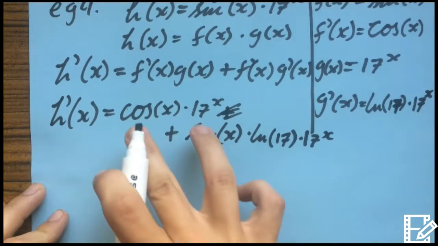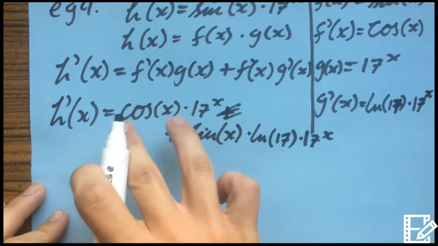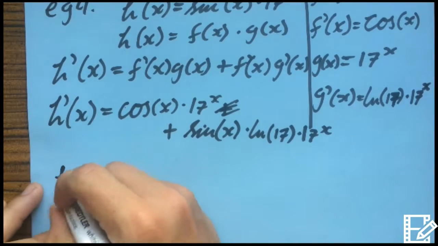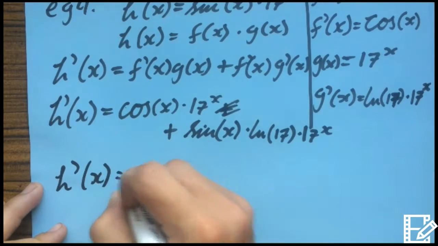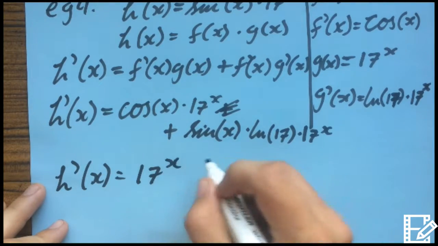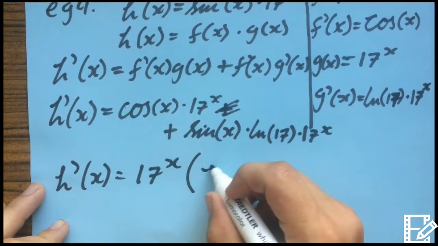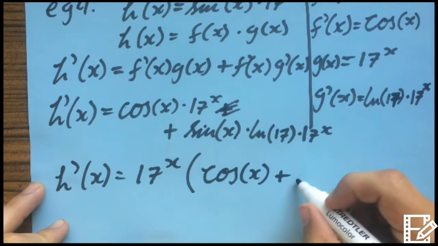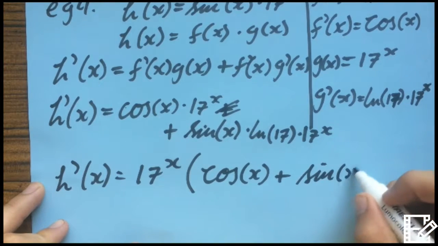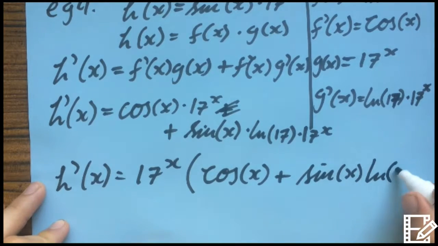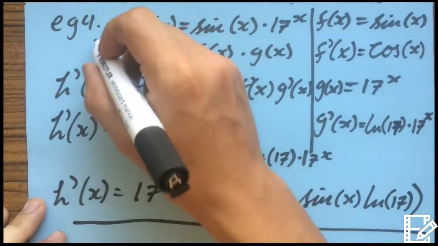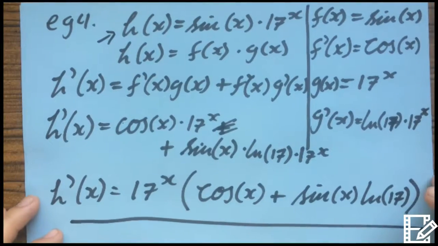We can factor, because there's a 17 to the power of x on both sides of the addition sign, we can factor it out. And that is our first derivative of this function up here.